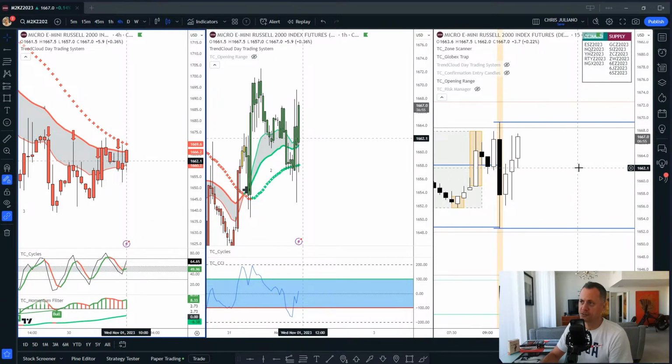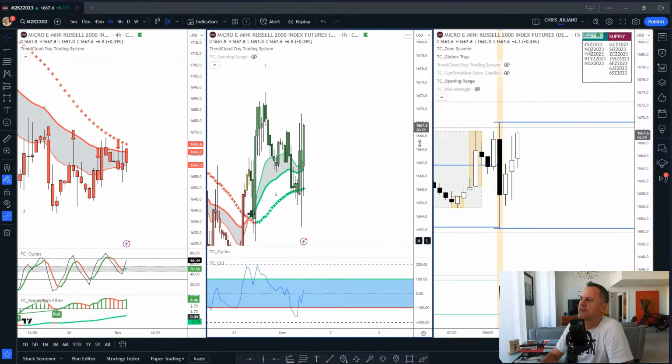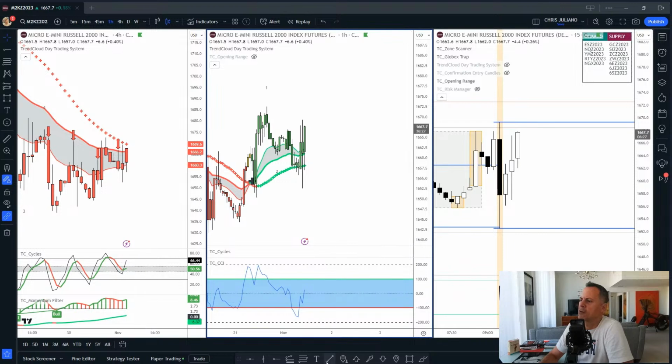The scanner is picking it up to the upside, saying it's probably going to break out to the upside. It's just math. The math going on in here is picking all of this up, so it's letting you know ahead of time. But we haven't broken any structure, right, guys?